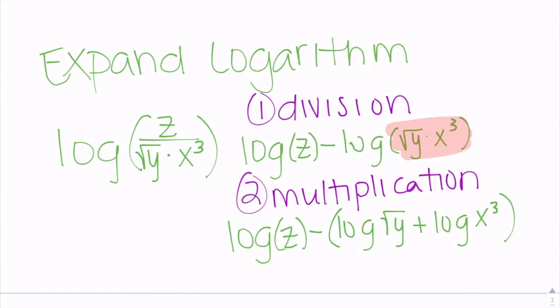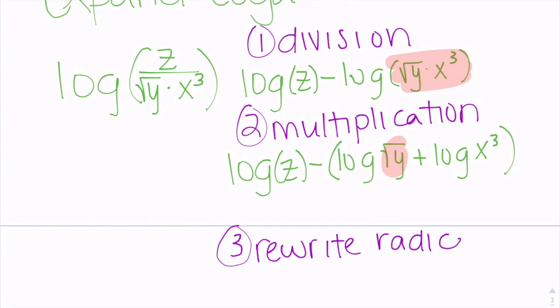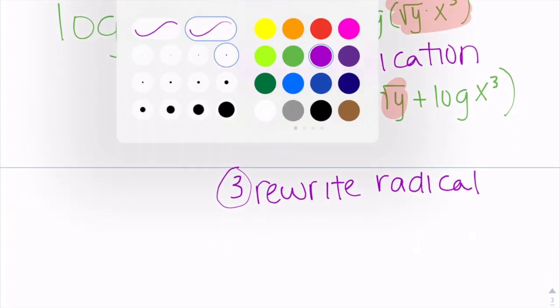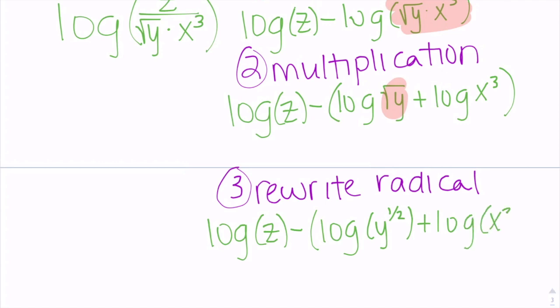And now we're going to take this radical and we're going to rewrite that as an exponent. And so we get log of z minus the quantity, log of y to the 1/2 plus log of x cubed. And so now we're going to deal with the exponents. So this exponent and this exponent.